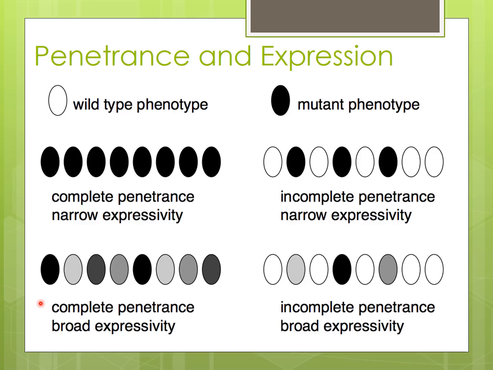We have that large range, and this really affects how severe or not severe it is, and you can go through this whole spectrum. These penetrance and expression concepts tie together and give you a much more complex and truthful representation of the actual population and disease states, and how that affects the population as a whole.